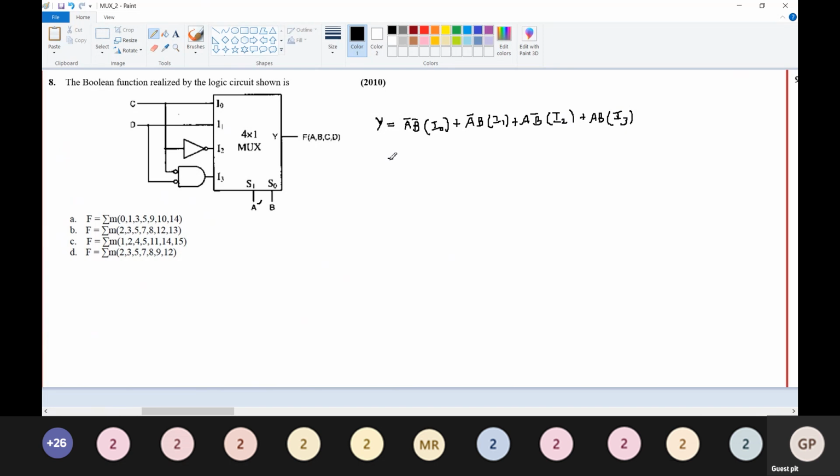Now we'll substitute the inputs. For A dash B dash, what is the value of I naught from the given diagram?